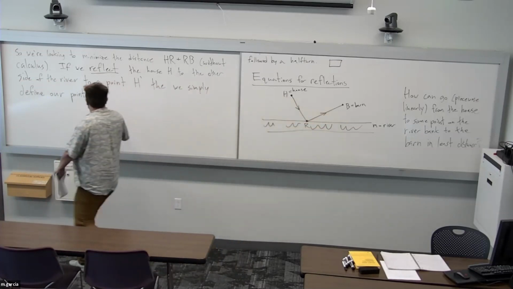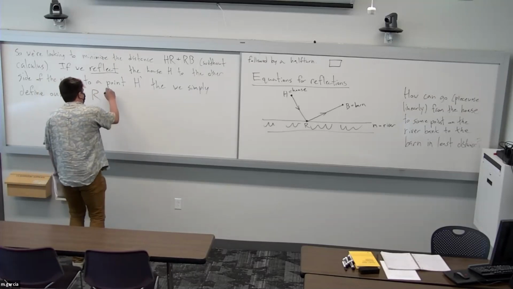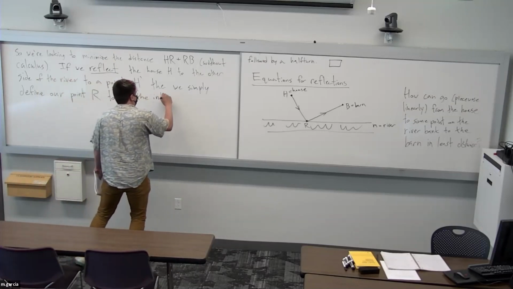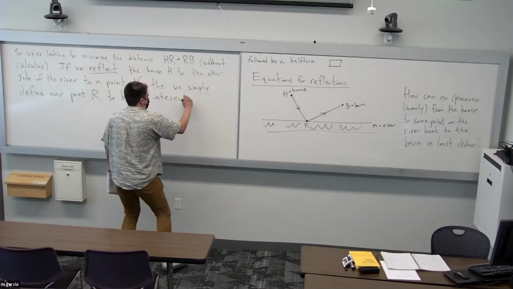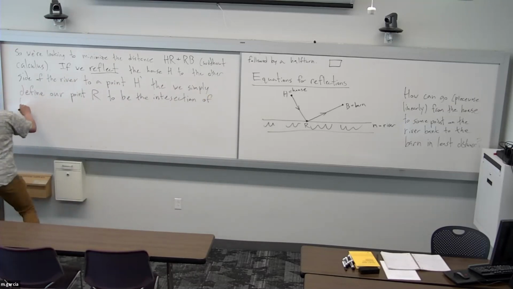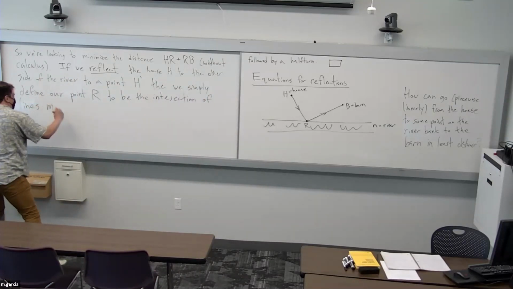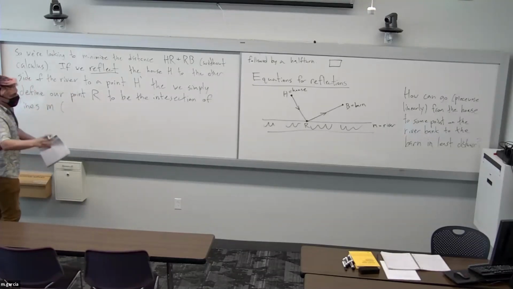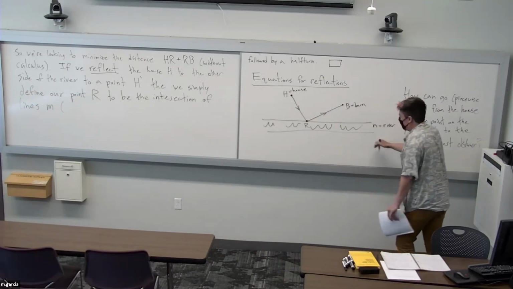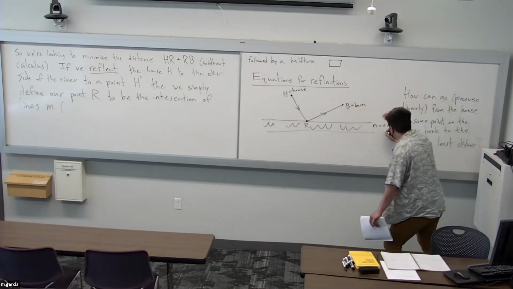Okay, so we'll define our point R to be the intersection of lines M. So really, to correct myself from accidentally putting the house in the water, we'll call the riverbank the line.